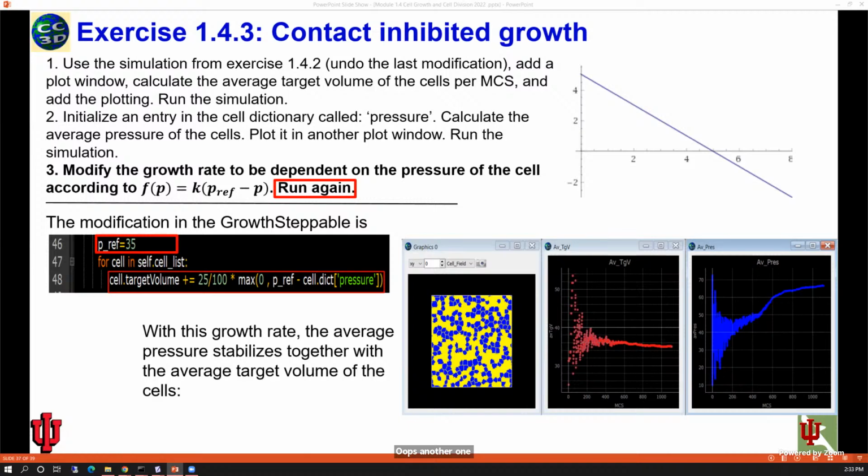Gilberto, are you supposed to be screen sharing NanoHub or just the PowerPoint? Just the PowerPoint. Okay. Since the beginning.